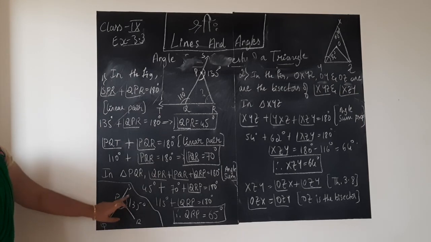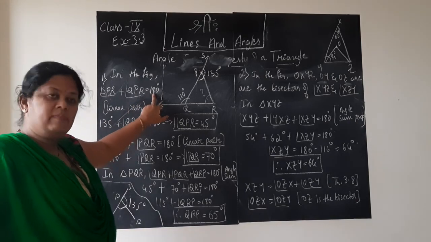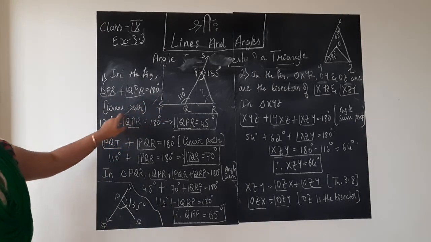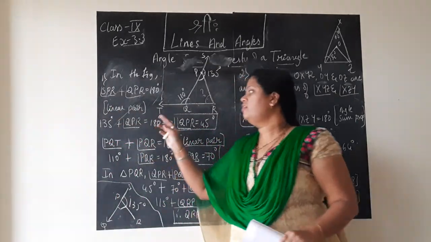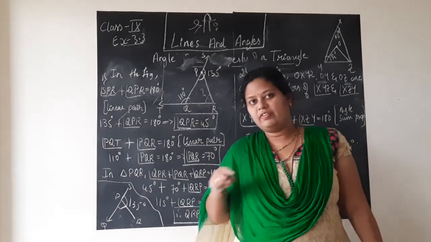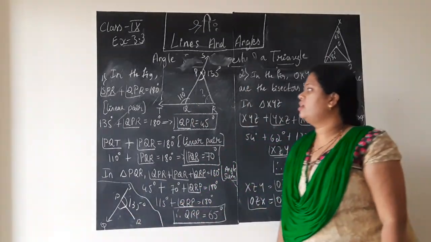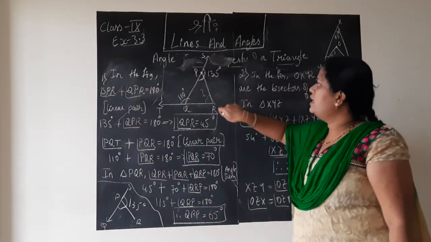The sum of these two angles I have taken as 180 degree. Why? I have given the reason in the bracket, that is linear pair, children. I have been telling you right from the previous session, if you get confused about which angle, draw somewhere roughly with pencil. You will get this figure, and easily you will understand, children. So linear pair.